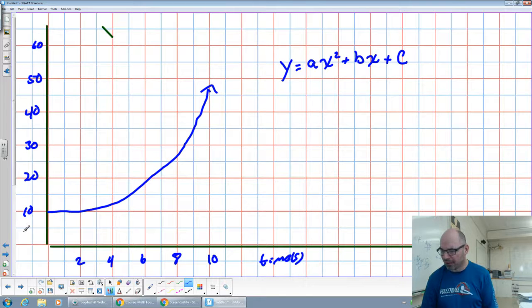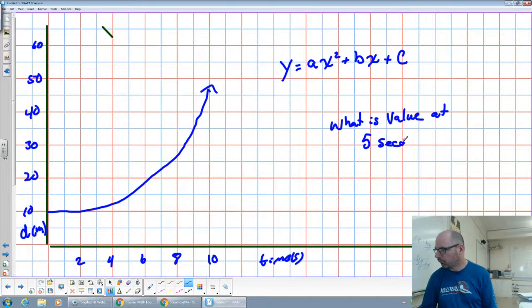So if we were doing this by hand, and I said, what is the value at 5 seconds? We would have to basically interpolate the data using lines to identify where it is, like this.